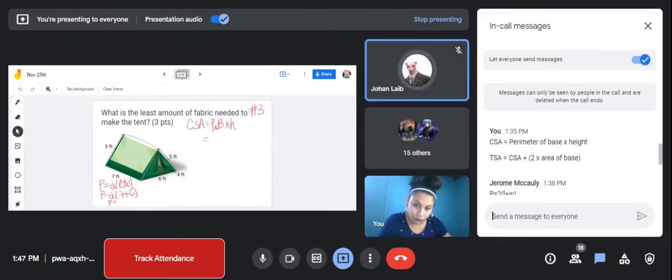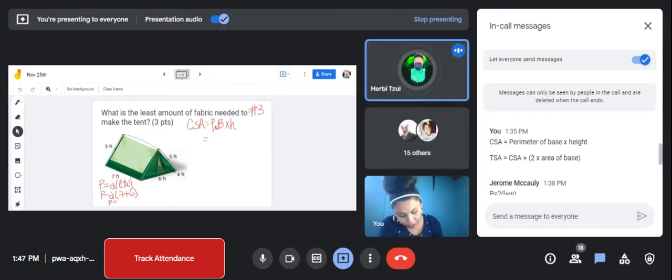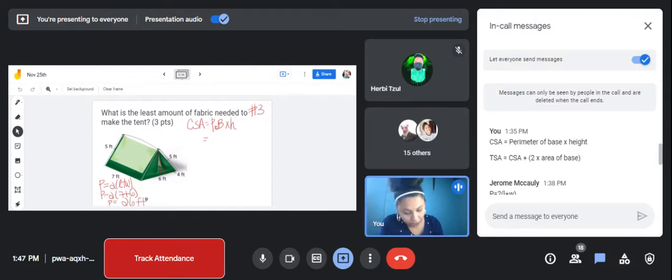I got 20. 26, miss. It is 7 plus 6, and then you multiply by 2. 7 plus 6 gives you 13, and 13 times 2 is 26 feet. It's only perimeter, so we leave it at feet.